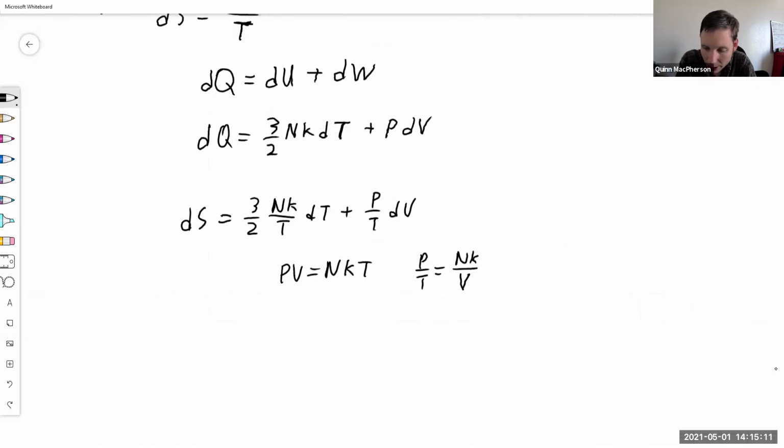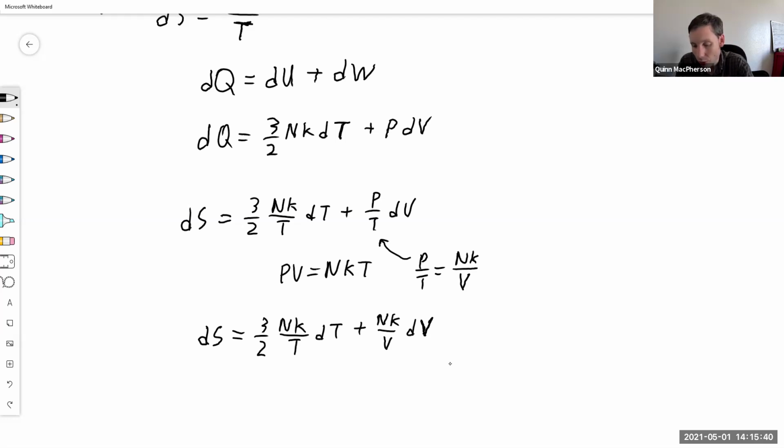So we can plug that in there, and we get the change in entropy. A differential change in entropy is 3/2 nk over t dt plus nk over v dv.